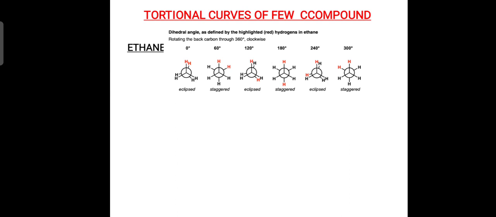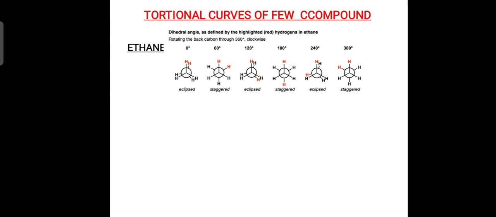The eclipsed conformation of ethane can be converted into staggered by a rotation of 60 degrees about the carbon-carbon single bond.